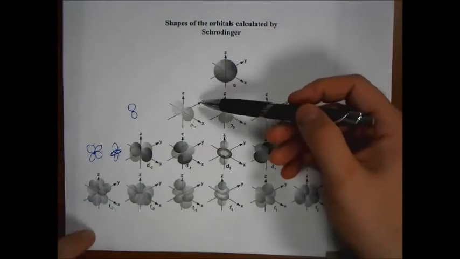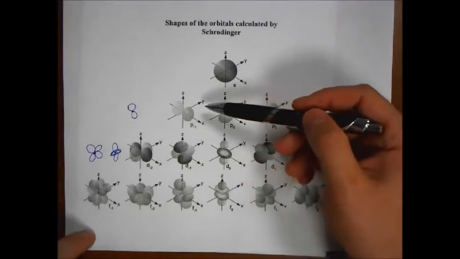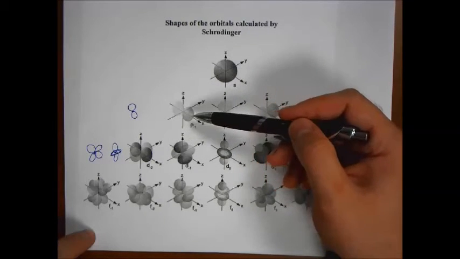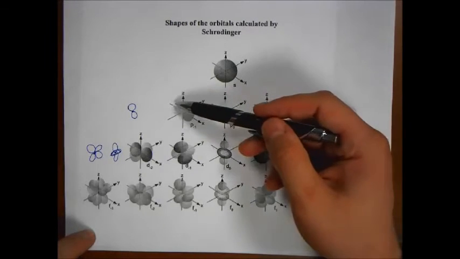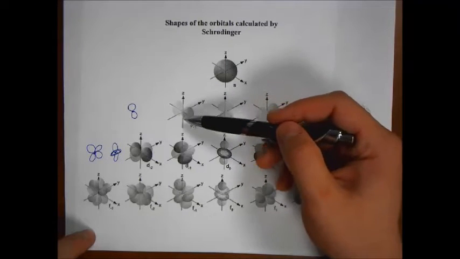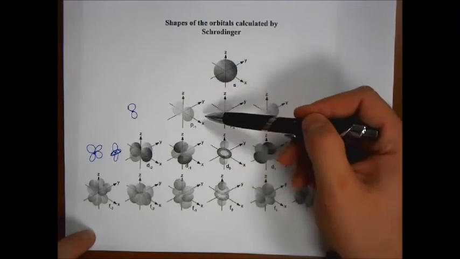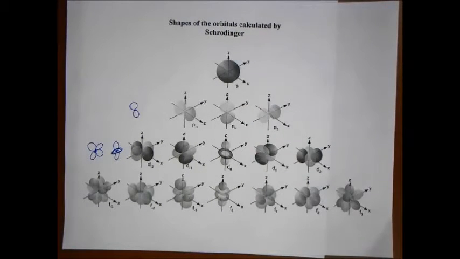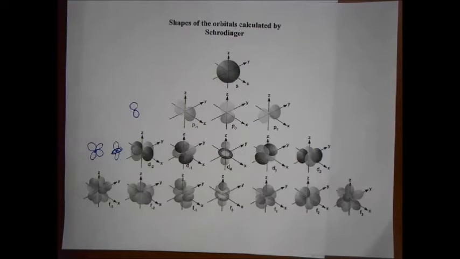If an electron is in a p orbital, this shape defines where the electron could be found. It's not saying that the electron is definitely here or definitely there, but that most likely it's somewhere in this region. This is the outcome of Schrodinger combining his equations with the uncertainty principle. So this is really what Schrodinger did: he defined all of these different orbital shapes.